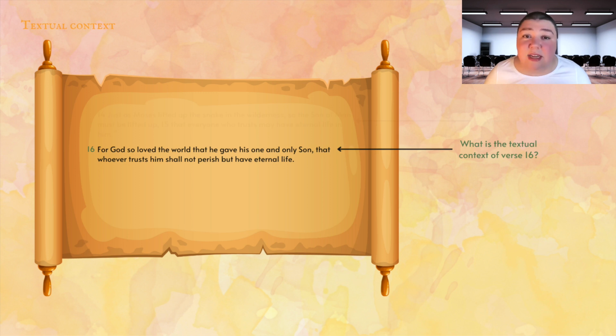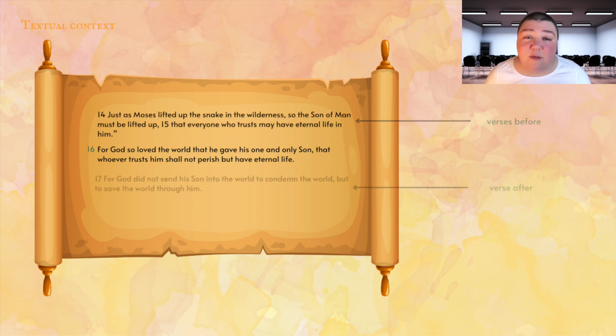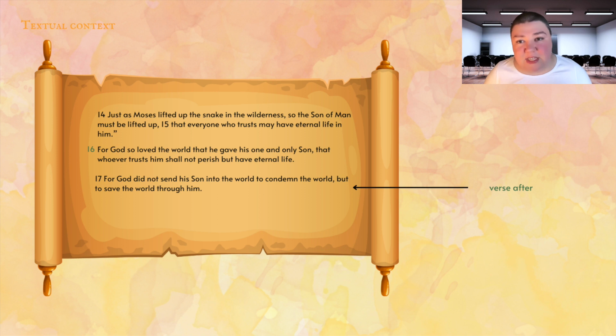Well, the nearest context is the verse before and the verse after. Verse 15 and verse 17. In this case, we'll say verse 14 and 15, so not to chop a sentence in two. Verse 14, just as Moses lifted up the snake in the wilderness, so the Son of Man must be lifted up, that everyone who trusts may have eternal life in him.